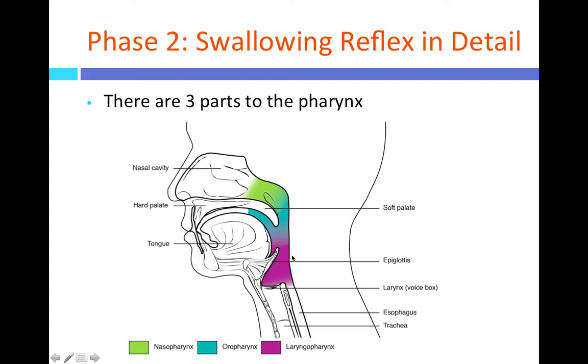And then you have the laryngopharynx. The laryngopharynx has 2 openings, one that goes to the trachea via the larynx, and then the other one that goes into the esophagus. So when we look at this phase 2 pharyngeal part of swallowing, the swallowing reflex, it's important to remember these 3 parts of the pharynx.